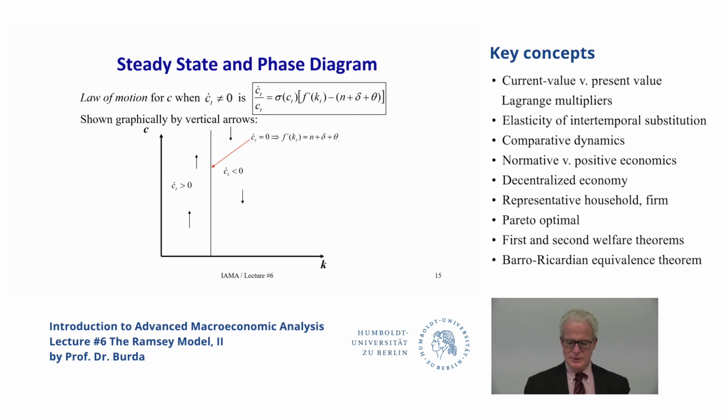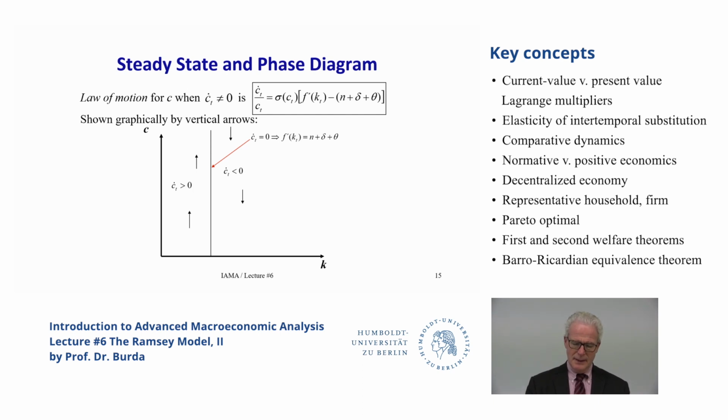And when that thing is equal to 0, then we must have a situation where K_t is simply the level of capital per capita that has a marginal product that equals n plus delta plus theta.